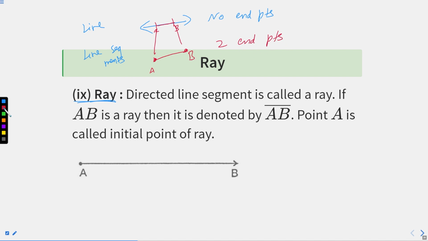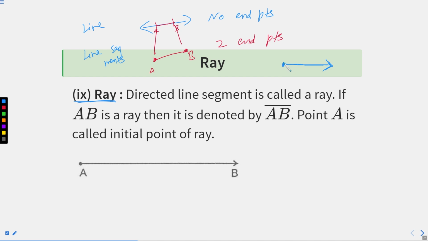Now I have already given you what a ray is. A ray has one end point and the other end is not there. It extends forever; whenever we follow it, it keeps increasing.